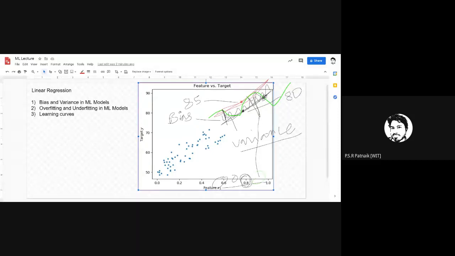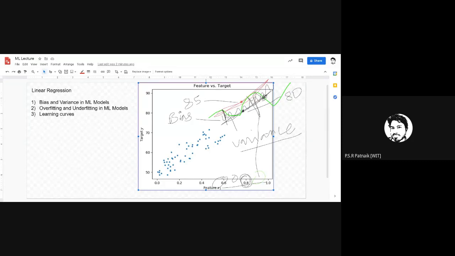I'll take error margin for 100 points, and then try to guess a behavior for how my error is behaving. Is error increasing as I take more points, or decreasing as I take more points? So the behavior of error margin is what I represent in the terms bias or variance.